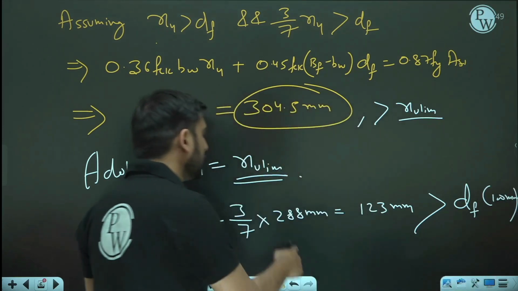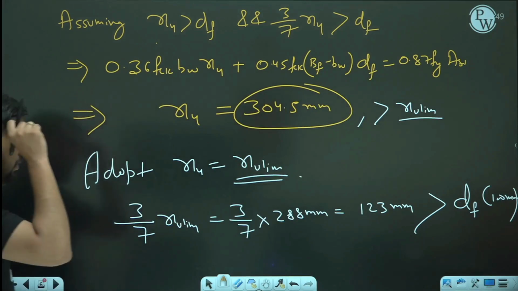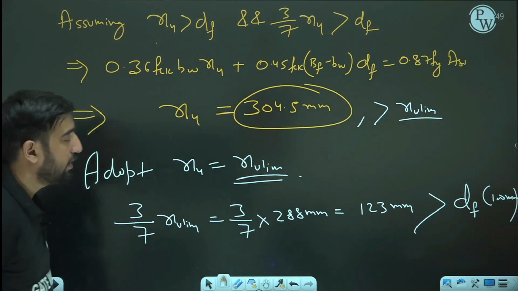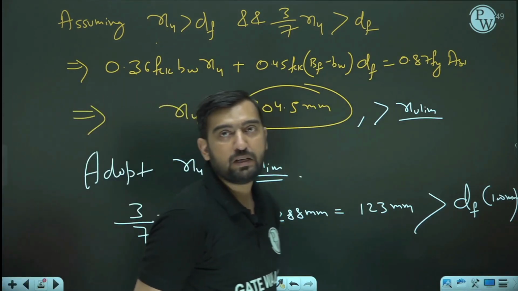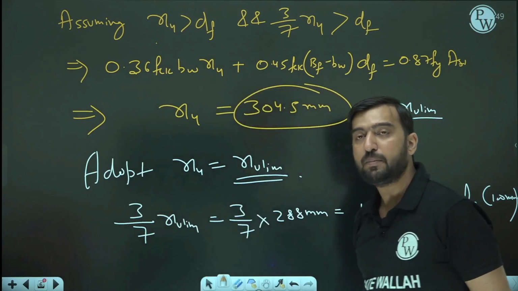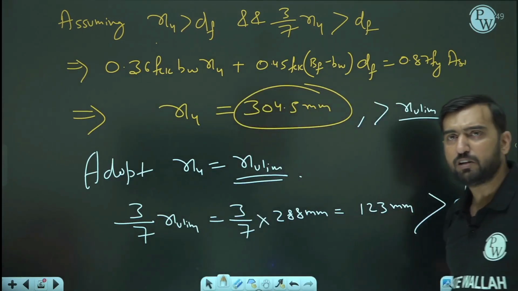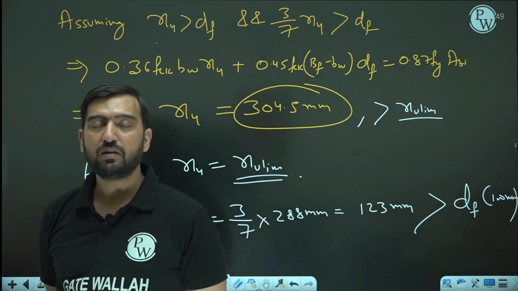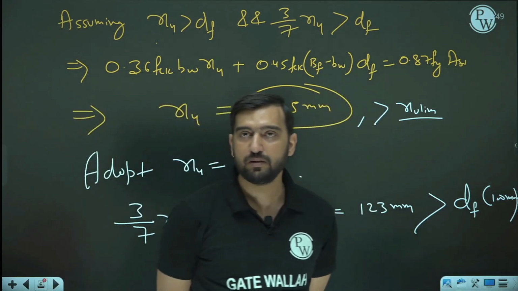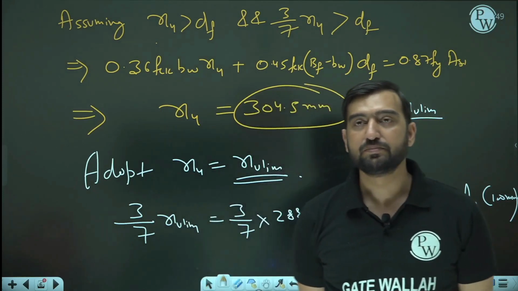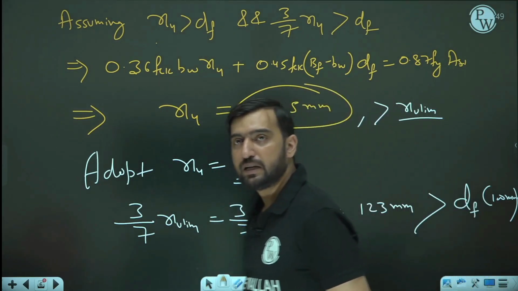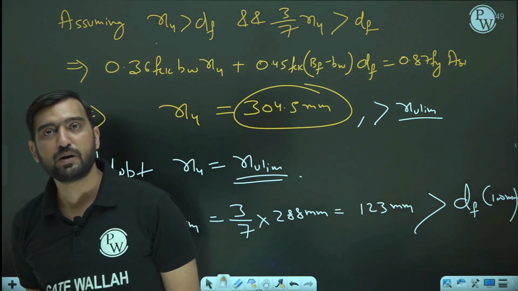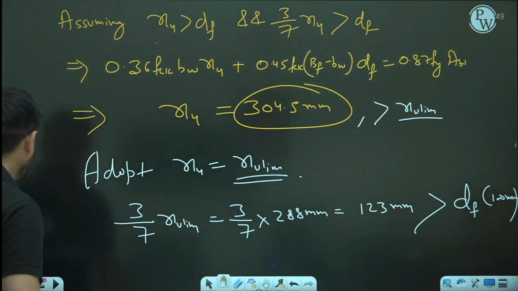If this would have been lesser than 100 mm, in that case we would have to proceed with case number 2b, meaning the YF case. Now the things are quite clear that our case is lying in case number 2a, so we will be calculating its moment of resistance as per the DF formula. So what is the moment of resistance now?